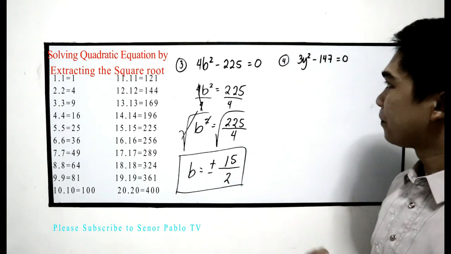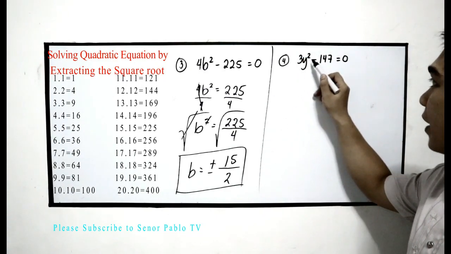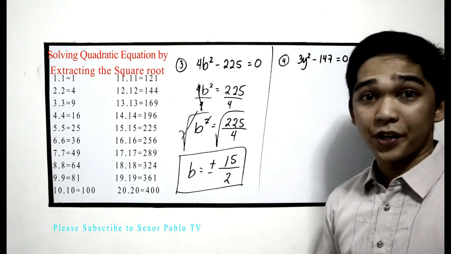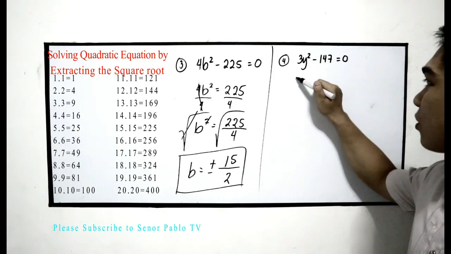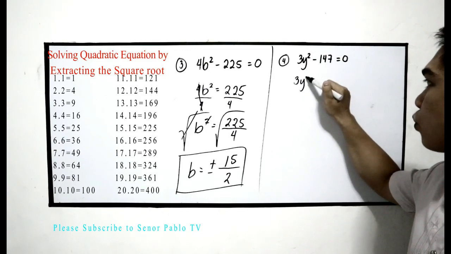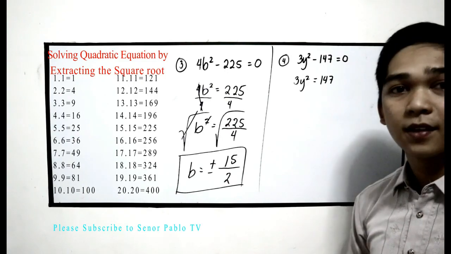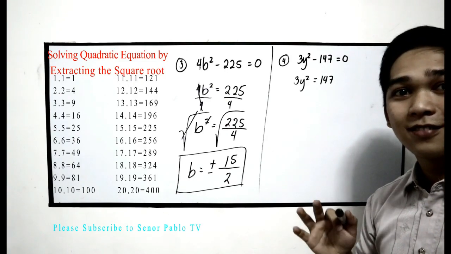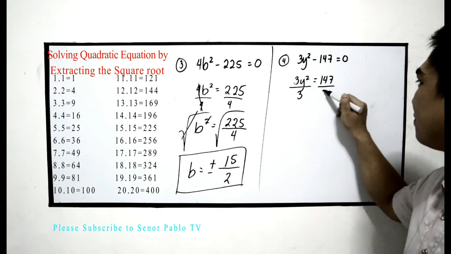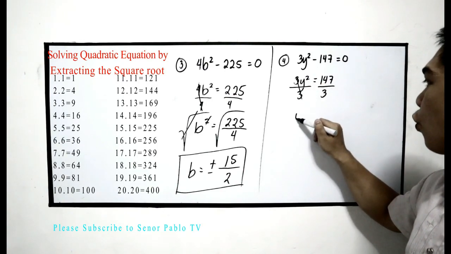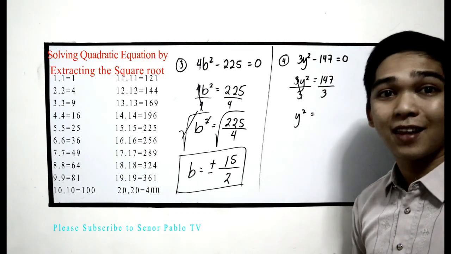Fourth example, 3y squared minus 147. The same process. Isolate the variable. Copy 3y squared is equal to 147. Now, divide by 3. y squared is equal to 147 divided by 3.